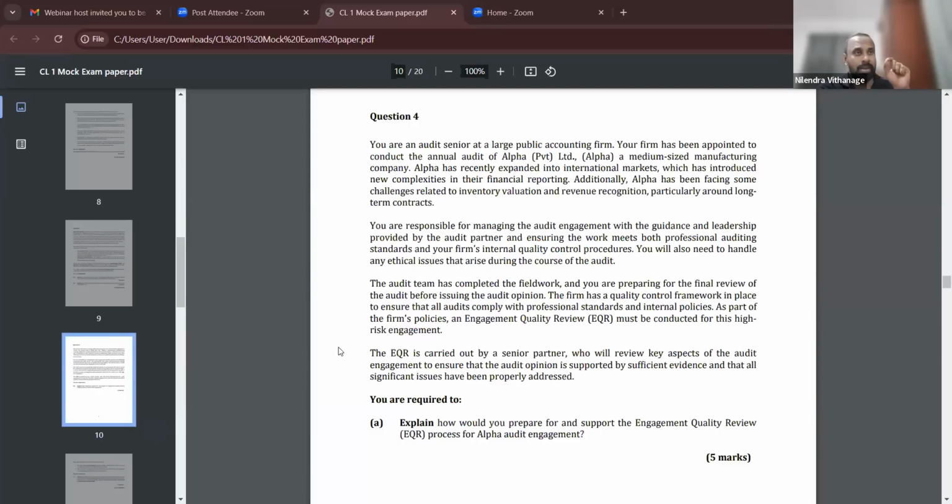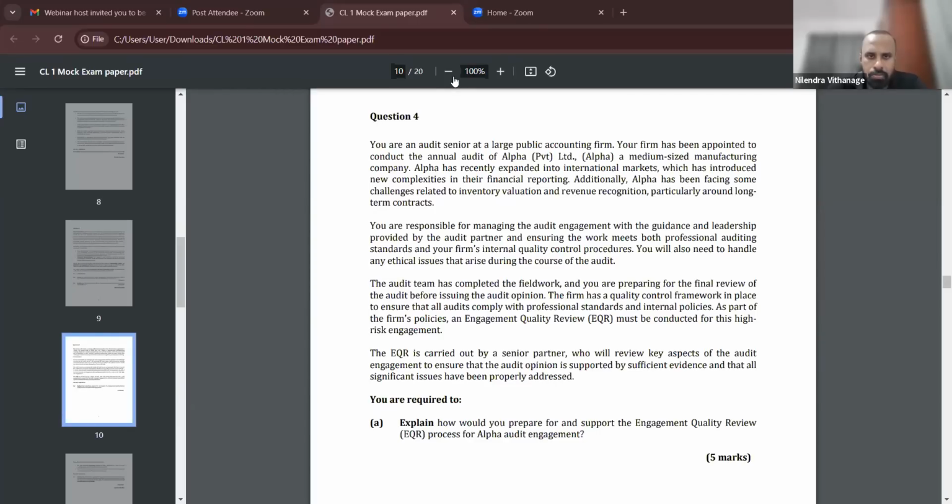Then you need engagement performance, direction, supervision and review and consultation. Remember that, students? Then how to perform reviews, documentation, how to prepare documentation, and HR practices like staff motivation, performance evaluation, and all sorts of stuff.